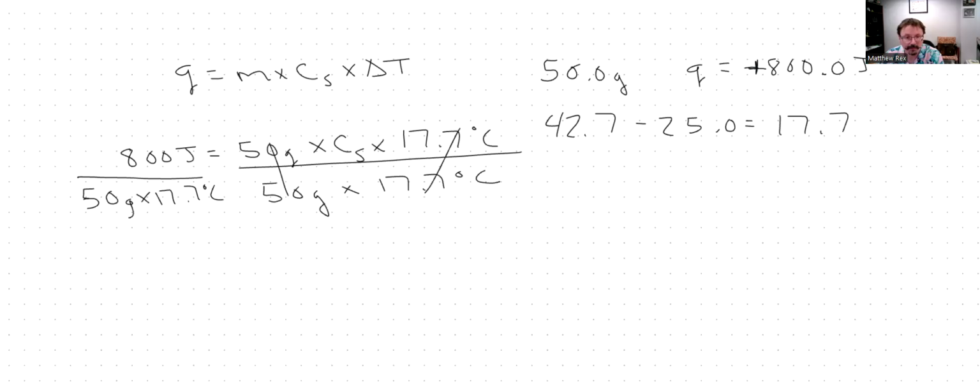And we get C sub S equal to 0.903 joules per gram degrees Celsius.